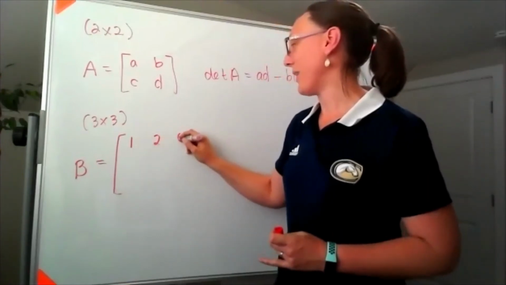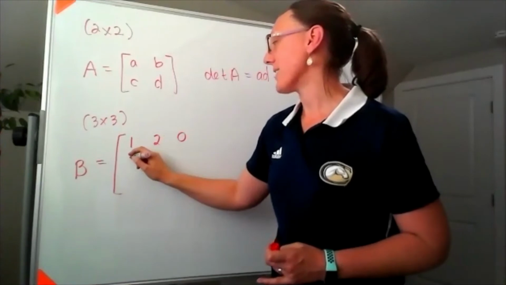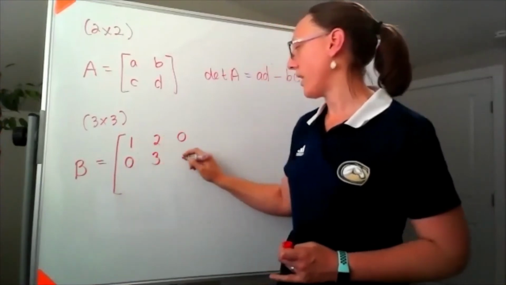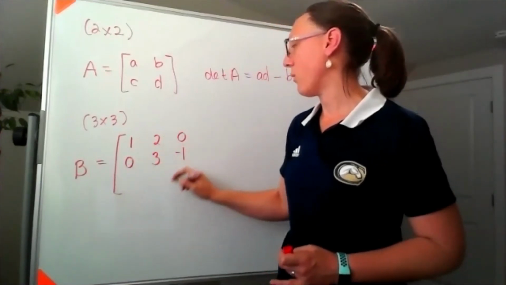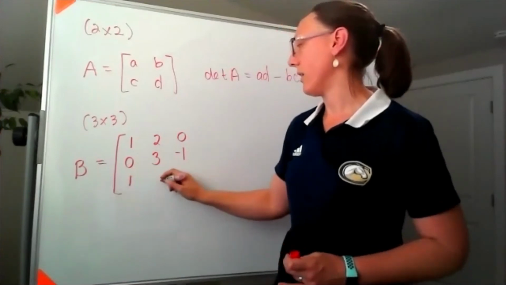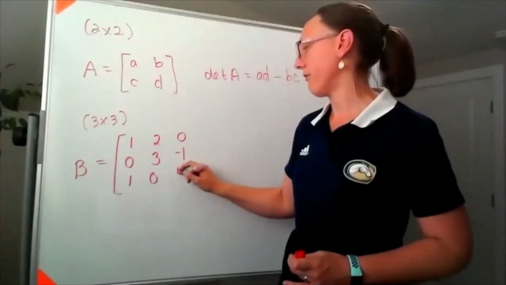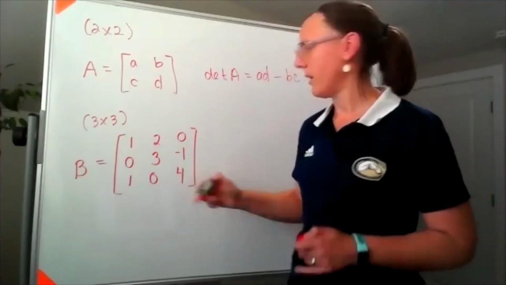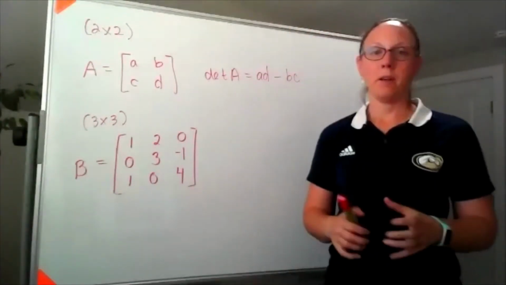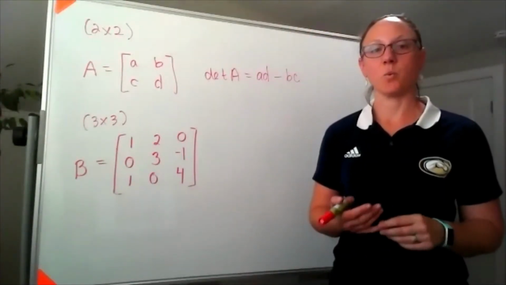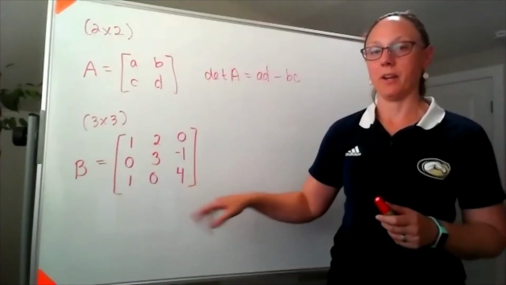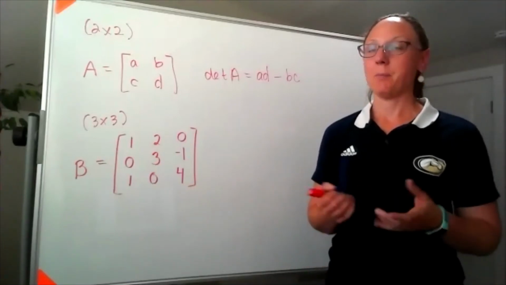Let's make that a 2 and a 0, and 0, 3, -1, and 1, 0, 4.